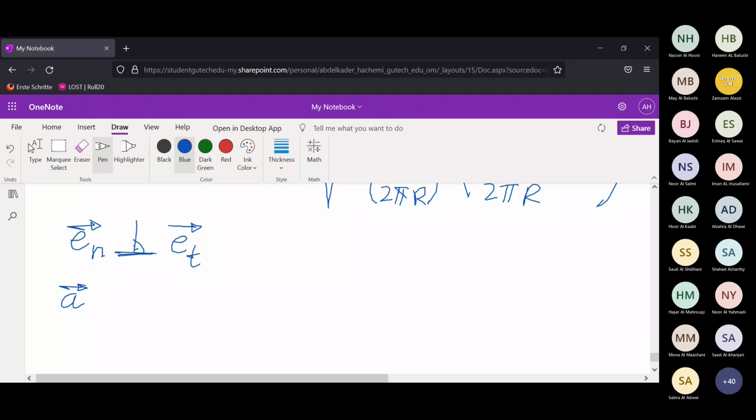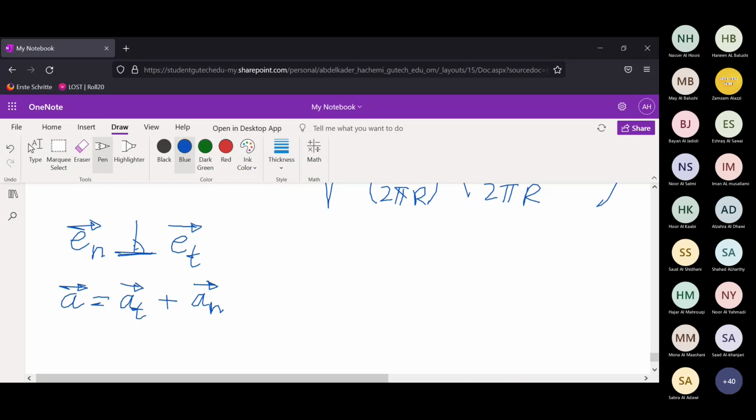But the acceleration, we saw in the lecture, always has two components, the tangential one and the normal. Then we use this principle: we have a_t, which is the tangential one, plus a_n, and this is the normal one.